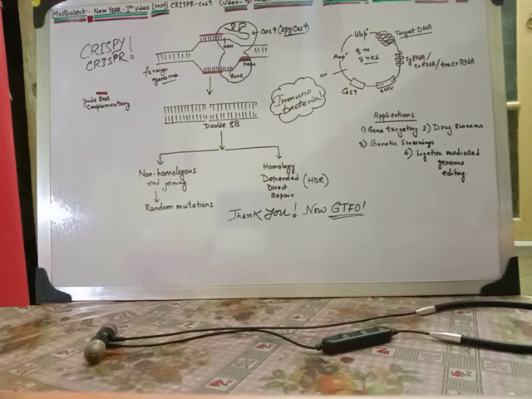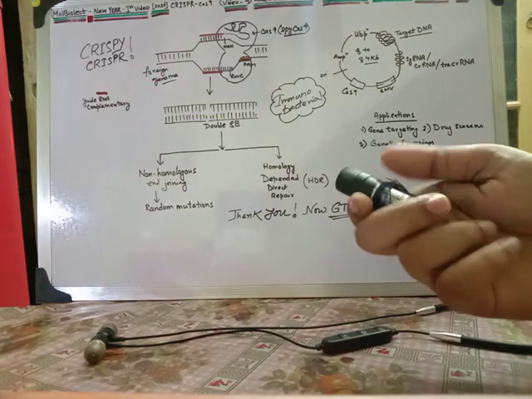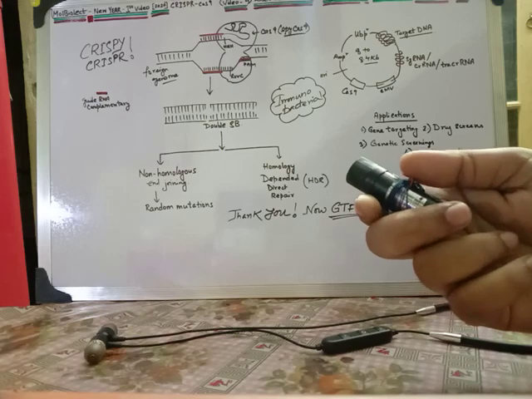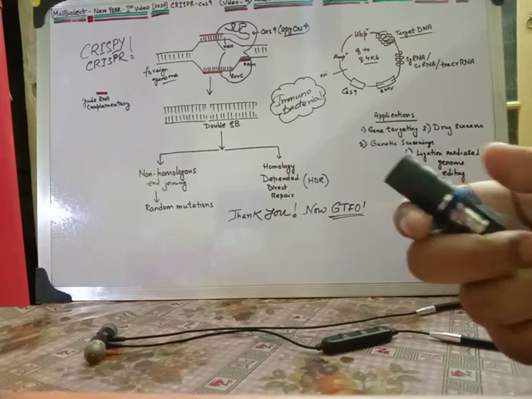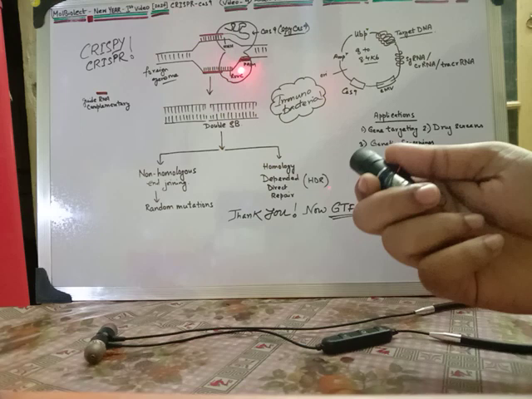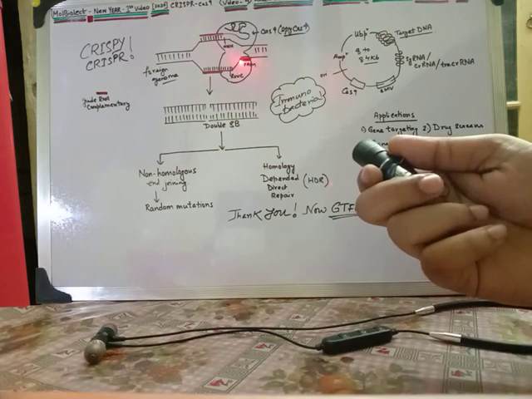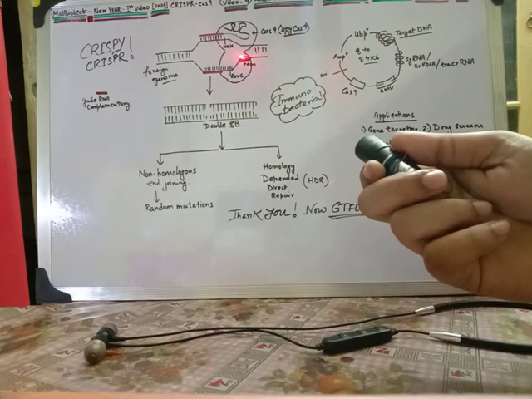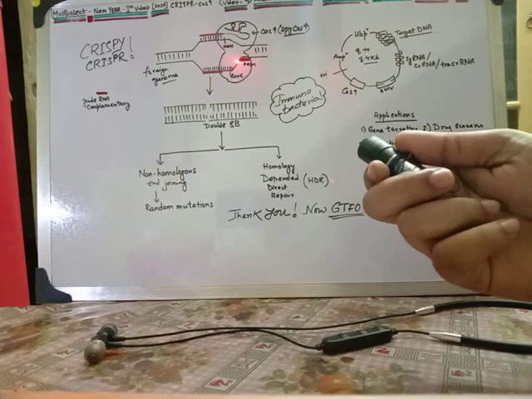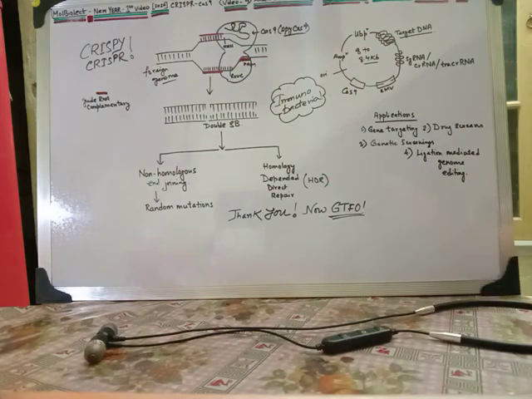So this foreign genome is actually not broken down first of all, but there are some PAM sequences. This is where I am pointing my laser, a PAM system or PAM site. This PAM site contains a specific sequence which is known as the PAM sequence.